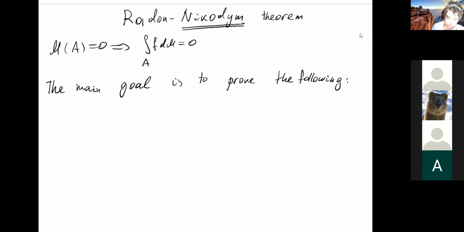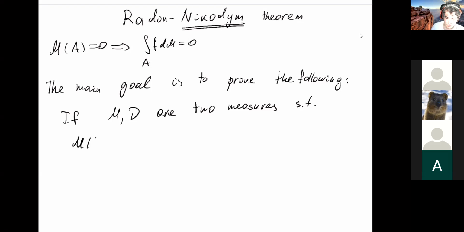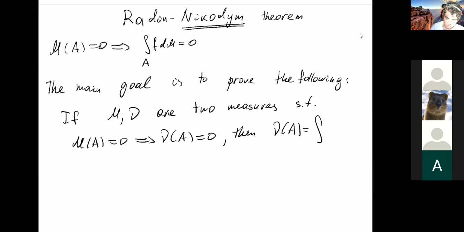if mu and nu are two measures such that mu of A equal 0 implies nu of A is equal to 0, then nu of A is an integral, sorry, for some f.